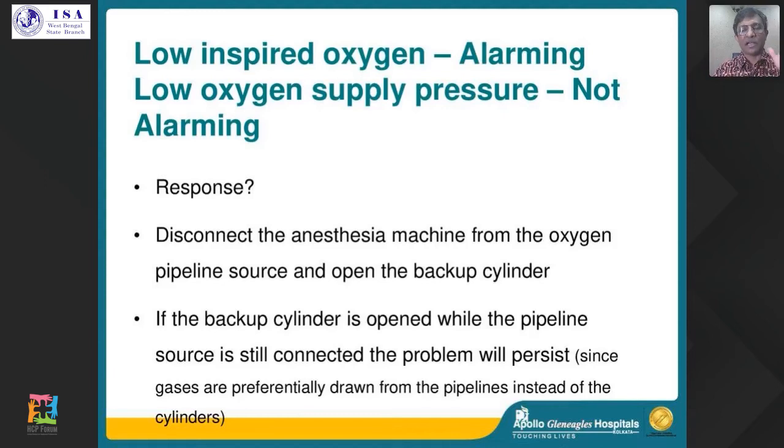And I am repeating this possibly for the 6th time already in the last 1 hour, and that is because the pressure in the cylinder is set at such a rate that it will not flow till the pipeline has been disconnected, since the pipeline pressures are higher, 55 versus 45 or 35. So you have to disconnect the pipeline and then open the oxygen cylinder.